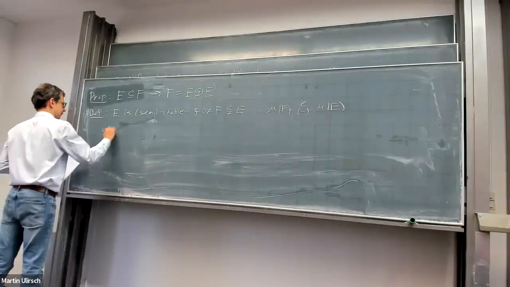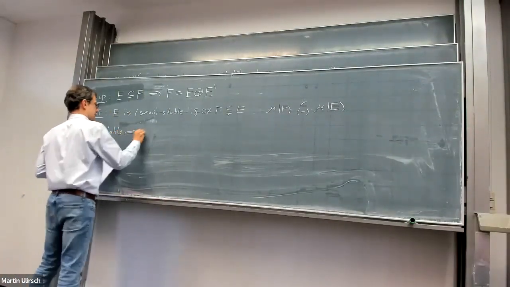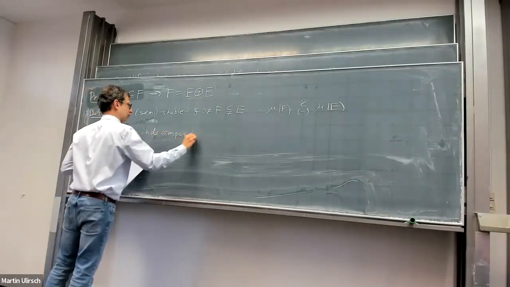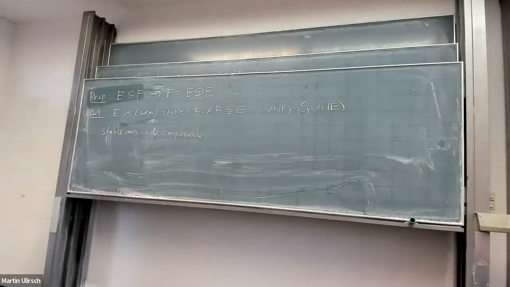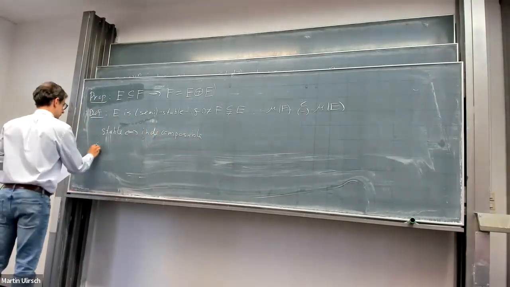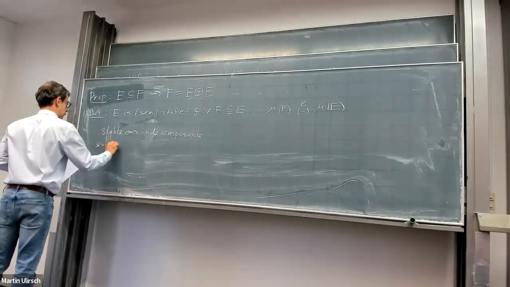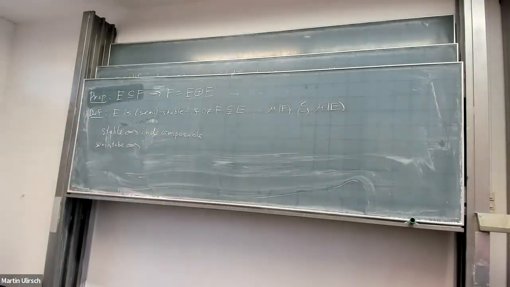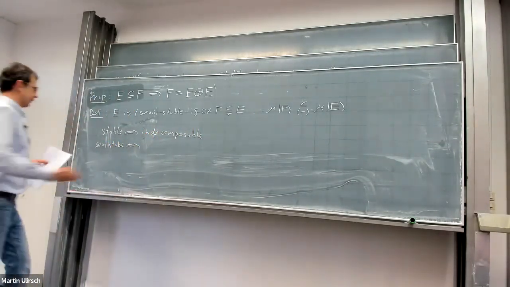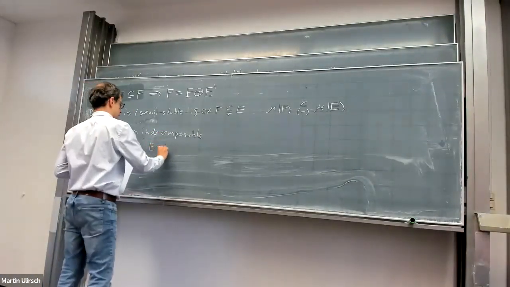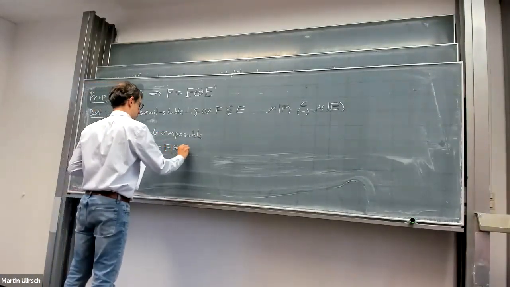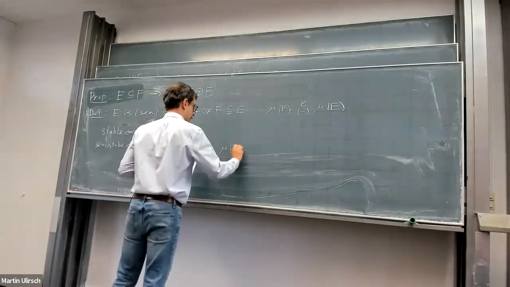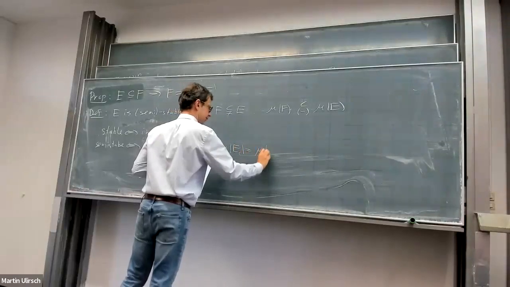Stable is the same thing as indecomposable. And semi-stable is the same thing as being a direct sum of indecomposable bundles, all with the same slope. So E is E1 plus through Ek, and the slope of all of these is the slope of your original bundle.